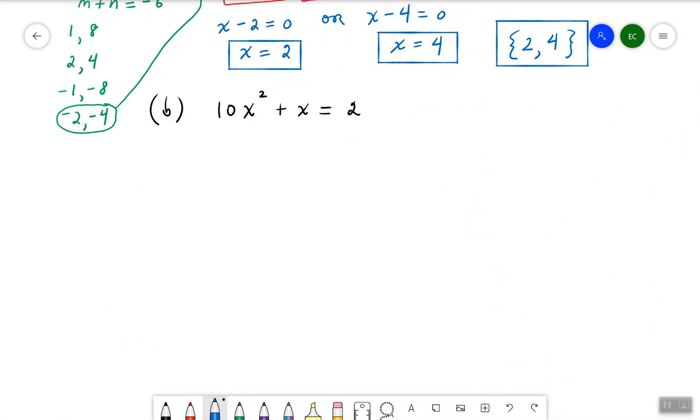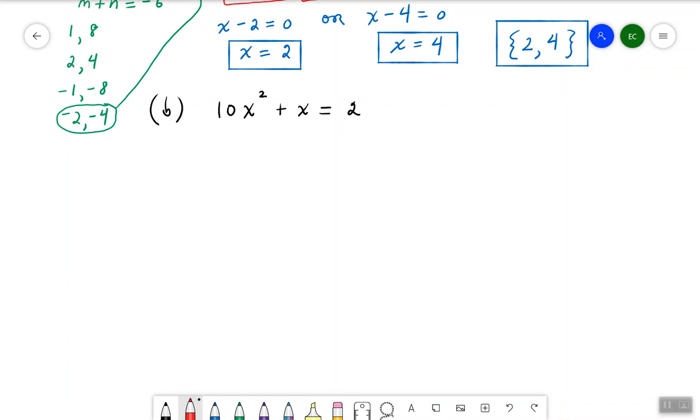First things first, let's set the equation equal to 0. We've got to have the equation equal to 0 so that once we factor, we can set each factor equal to 0. Right? That only works if the equation is set equal to 0. It's not true if the equation is equal to 2, for example.